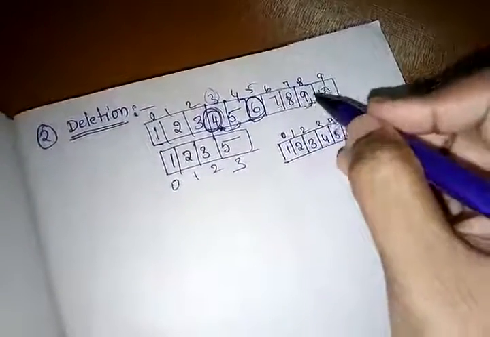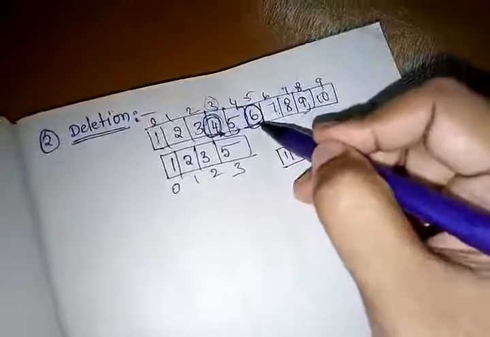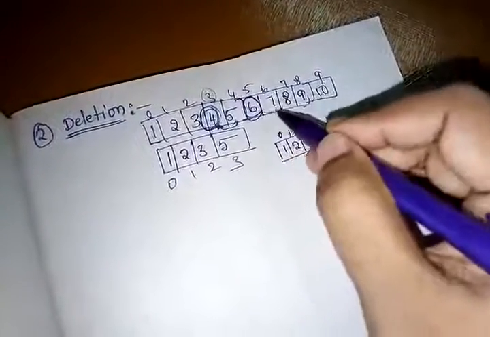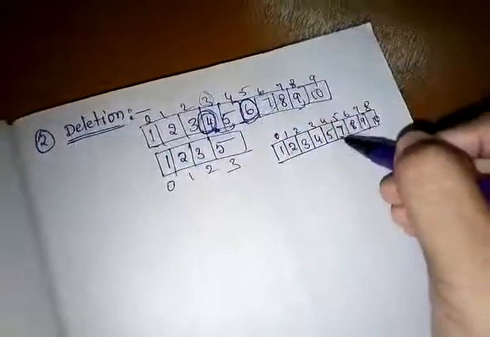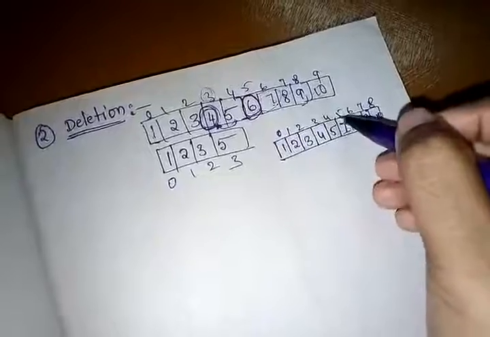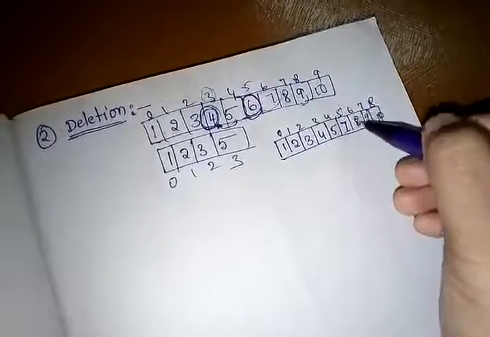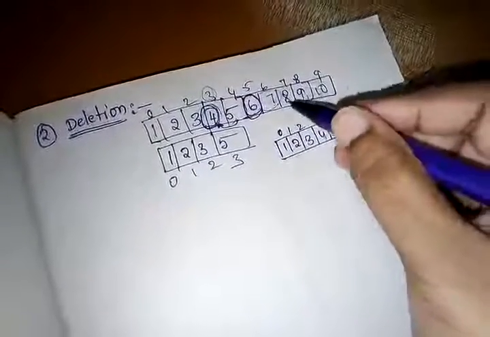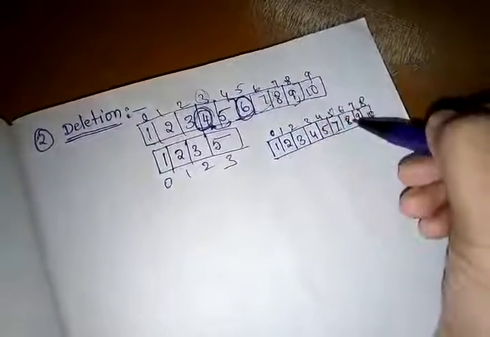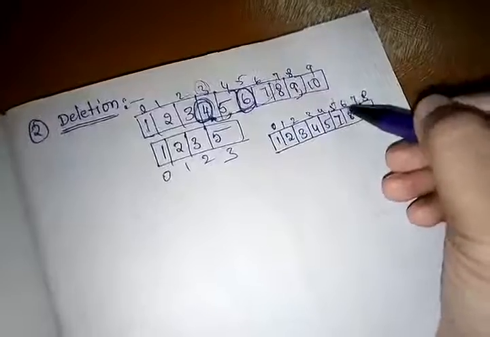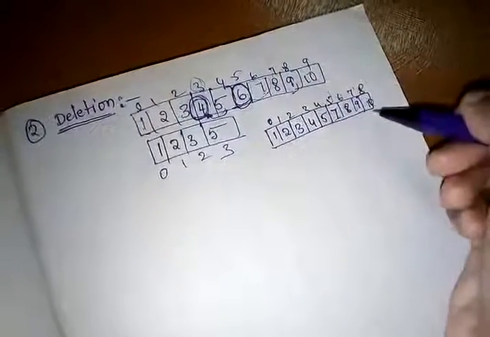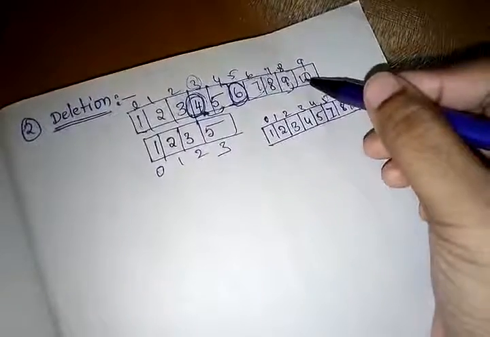Once you delete an element, all the elements shift. The index of 7 was 6 before, whereas after deletion of 6, the next element's index becomes one less. 8 was at position 7, 9 at position 8, whereas now the position of 8 is 6, 9 is 7, and 10 is 8, previously it was 9.